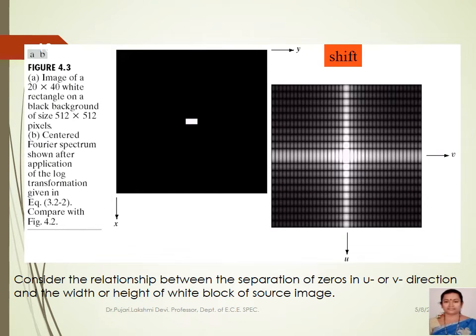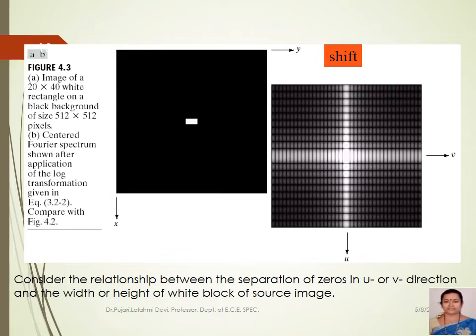In this image, if you observe the Fourier spectrum of this particular input image, at the center we have the maximum intensity. Observing from this point towards the left, the intensity reduces steadily, and similarly here also the intensity reduces slightly. The brightness goes on reducing as you move upward from the center, and the same thing we can observe from the center to the downward direction.